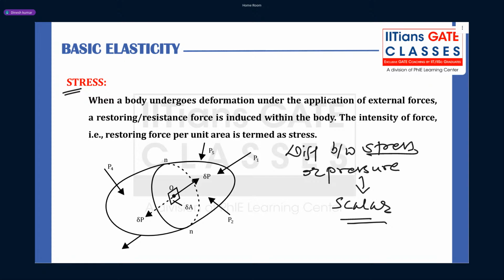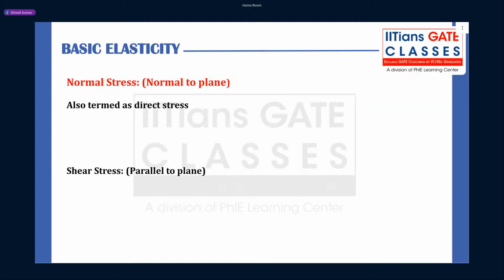But if you see numerically or physically how it is different, then we can say pressure is a scalar quantity and stress is a tensorial quantity, and we will see what tensorial quantity means. Okay, so you understand the definition of stress? All of you understand? Yes or no?